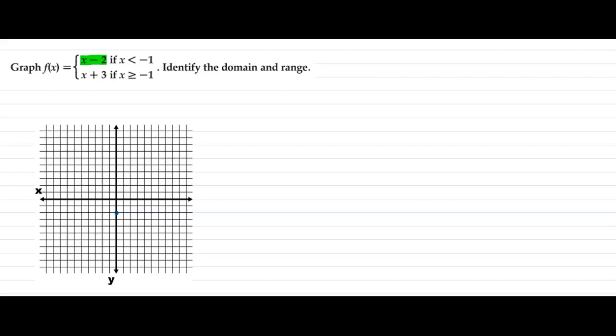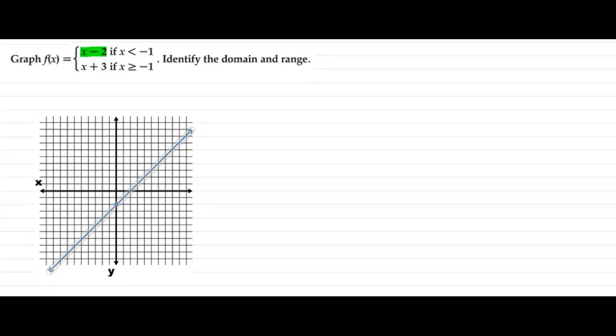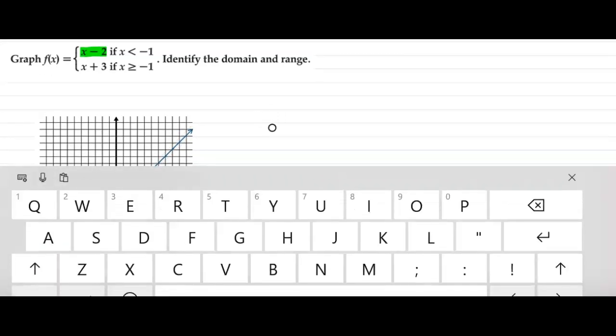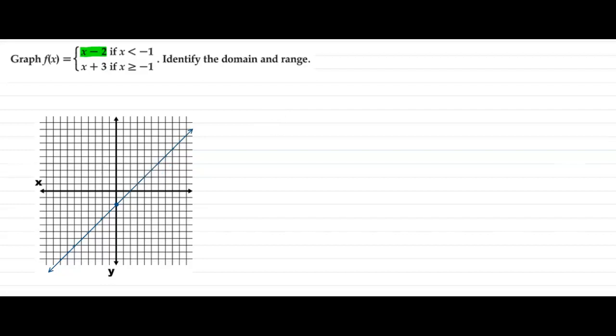So I'm just going to plot a line going across my graph. I'm going to grab my line feature, and I'm going to draw the entire line. That's the line for this entire green line.